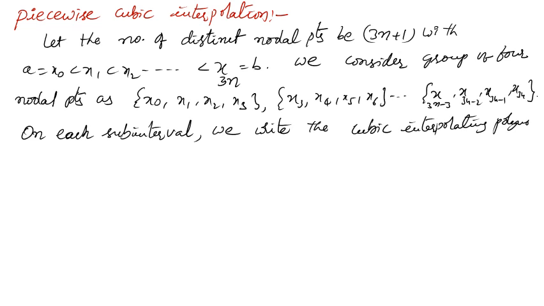Cubic interpolating polynomial using what? Again, Lagrange's interpolation. That is, for x belonging to xi comma xi plus 3, we have the cubic polynomial.